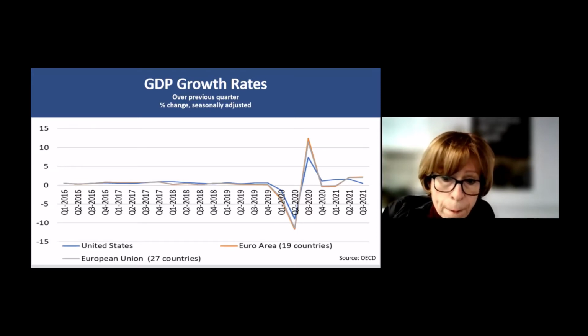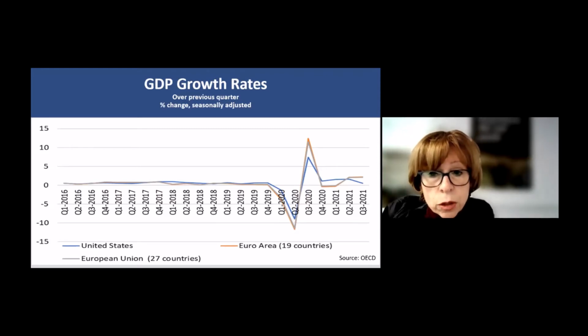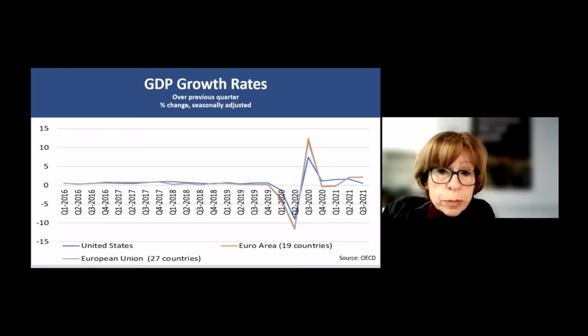And then all three regions rebounded in Q3 of 2020. And the US didn't rebound as much as the other two regions. And then there was a contraction again as we went into more lockdowns last winter, and more restrictive activity.